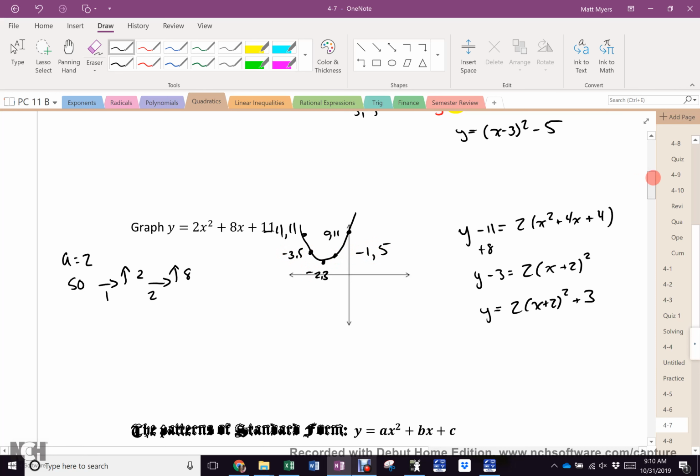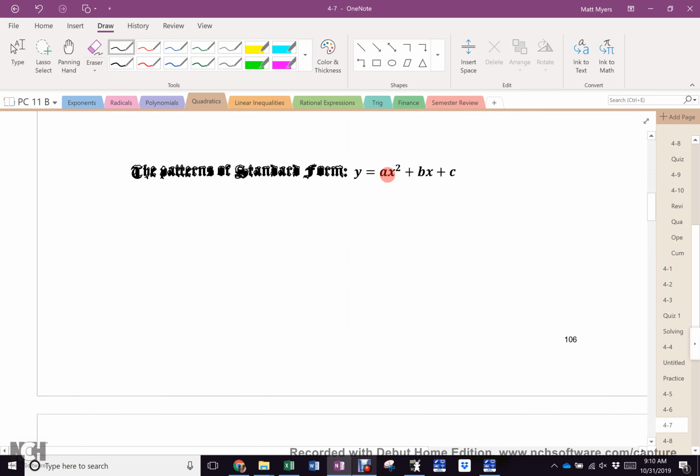All right. Now, let's add to our math arsenal, right? Patterns of the standard form. The y-intercept is always c. What if c is a fraction or a decimal?